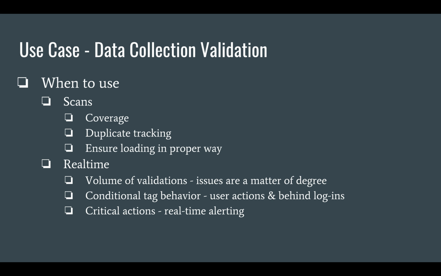Volume of validations: any sort of discrepancy, for example, between your backend source of truth or your e-commerce platform and your analytics platform that you're using for the website, all those different sorts of issues are a matter of degree. If something's not being collected 100% of the time, aka your configuration is way off, that's easy to spot. It's easy to test for.